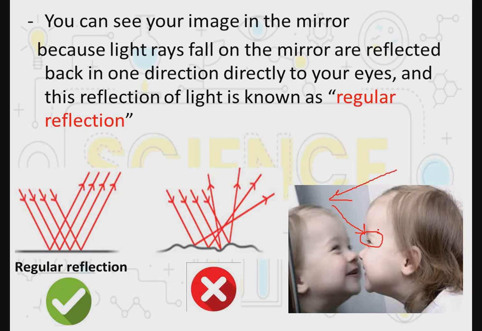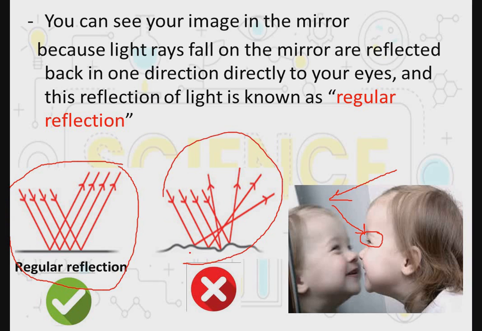That's why you can see your image in the mirror. And it will return back directly in one direction, not in different directions. And this type of reflection is called regular reflection.